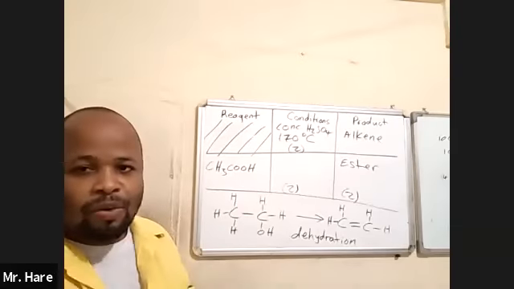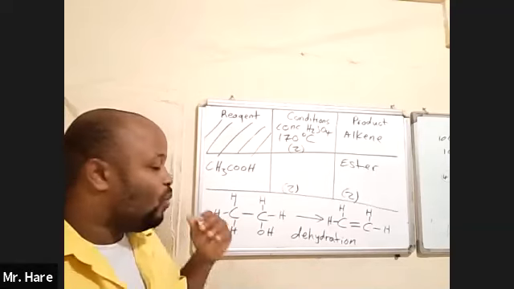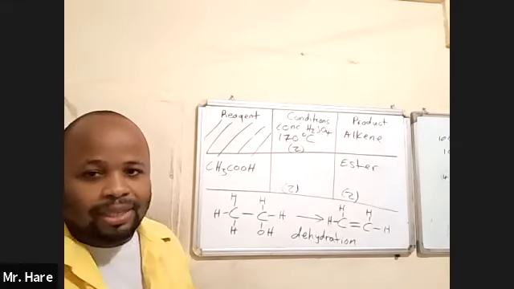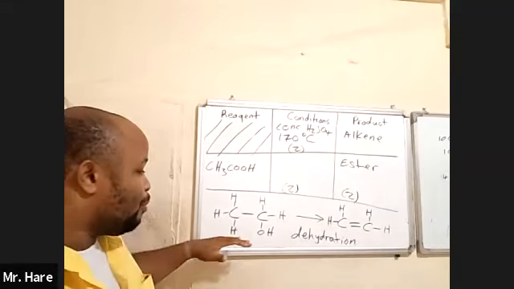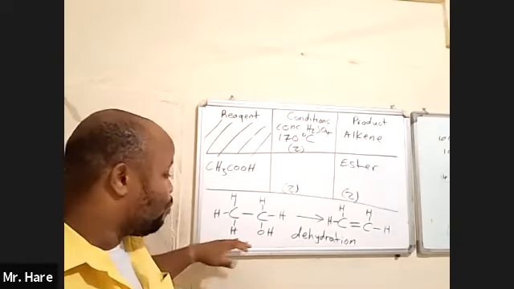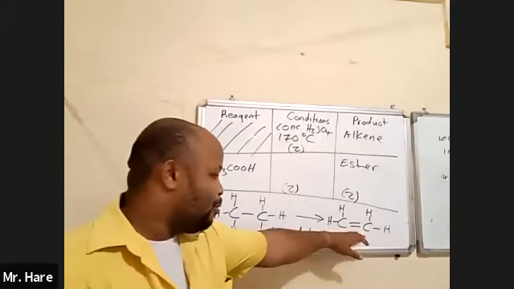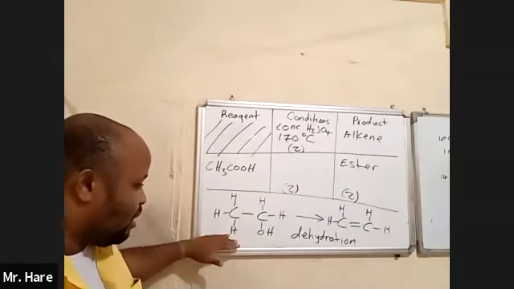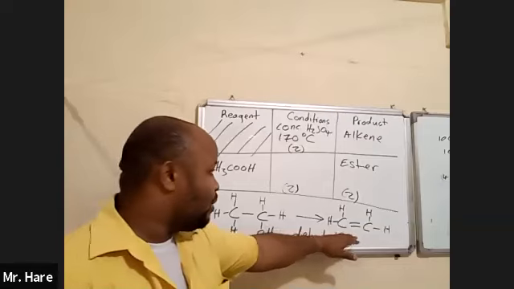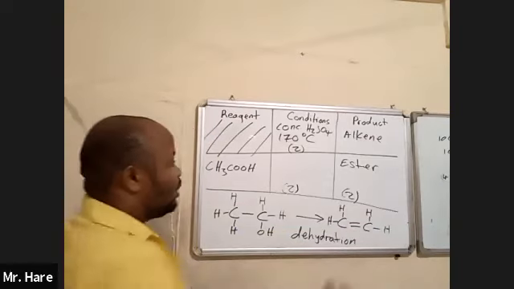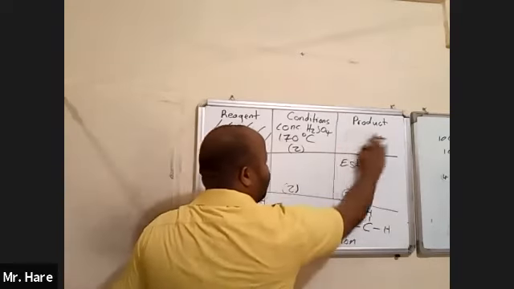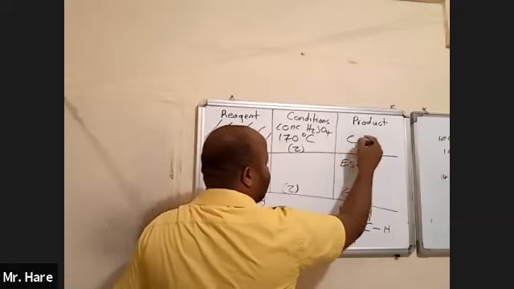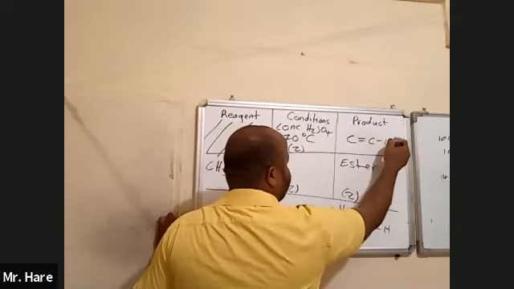Whichever alcohol you start out with, you will get the corresponding alkene. If you have propanol, you will get propene. Butanol, butene. So up here, you would have drawn your alkene.